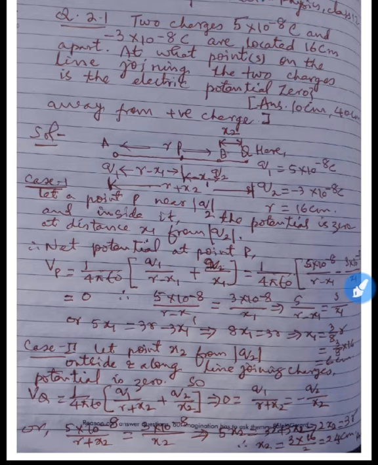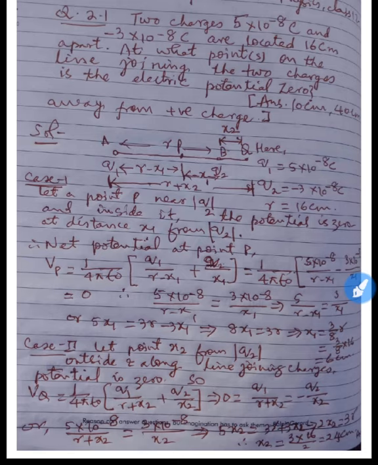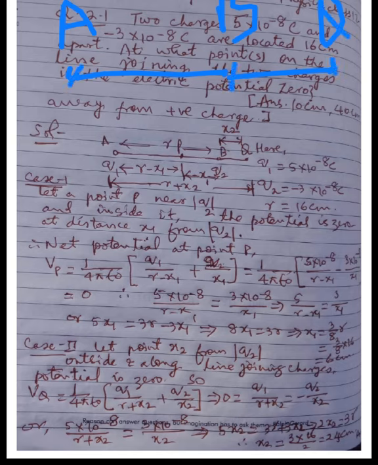Now if we take a point outside, with point A, point B, and along the line point Q where the electric potential is 0, AB distance is R and the distance is x2.